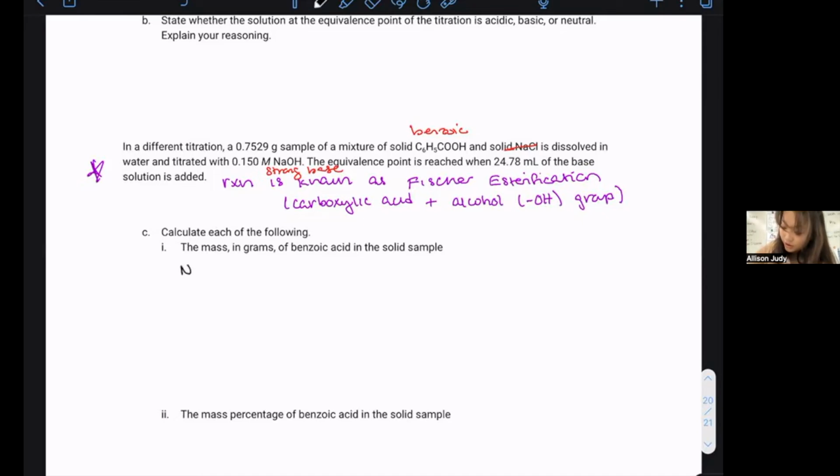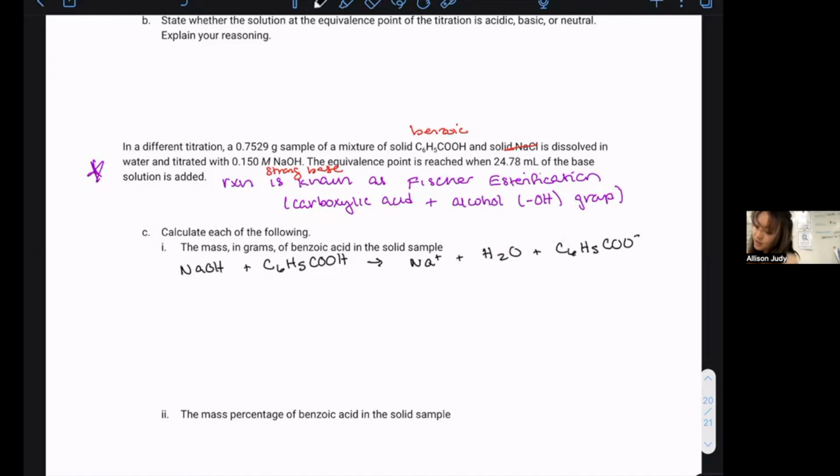So here's how I know that: NaOH plus C6H5COOH, carboxylic acid, okay, is going to go to dissociated Na plus, H2O, and C6H5COO minus, the conjugate base carboxylate.